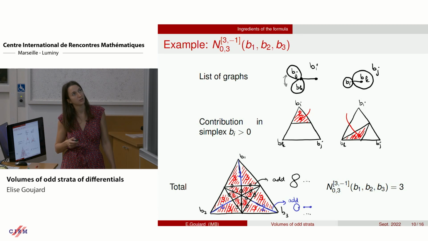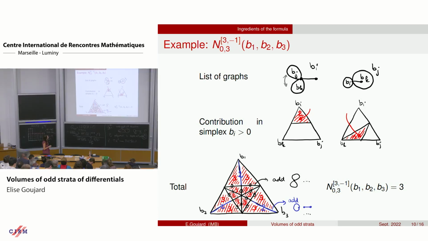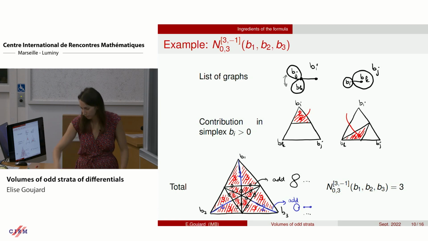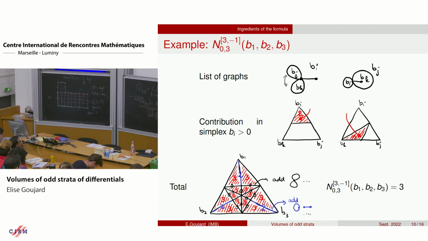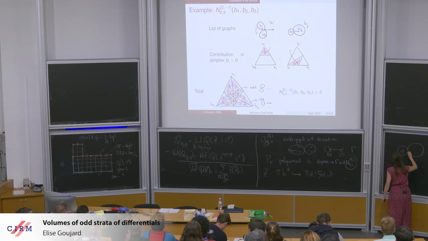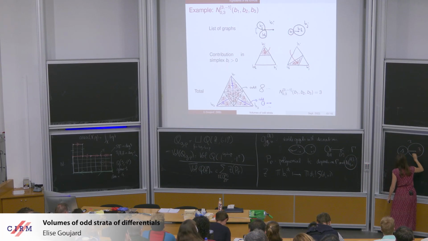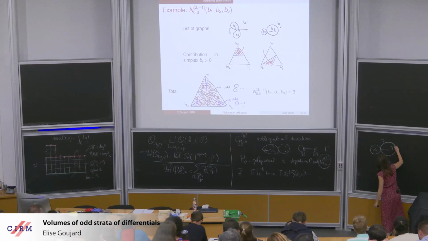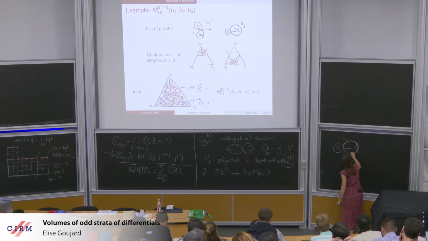Say that this is b1 and this is b2. So this corresponds to the wall where this loop, okay, let me just do the example, it will be easier. 1, 2, 3. So if b1 equals b2, it means that the length of this edge is just 0.